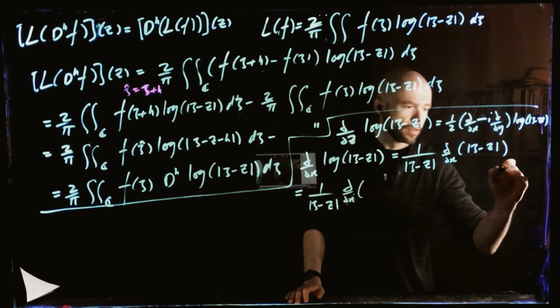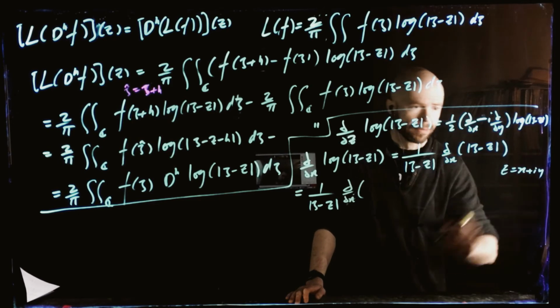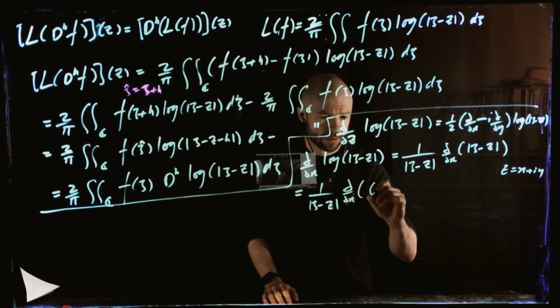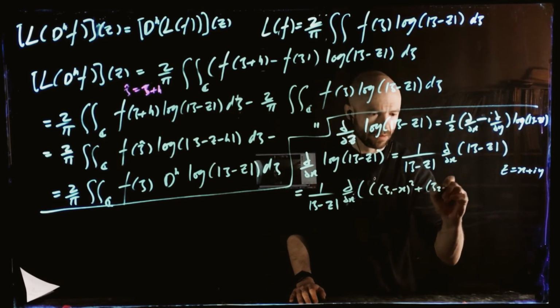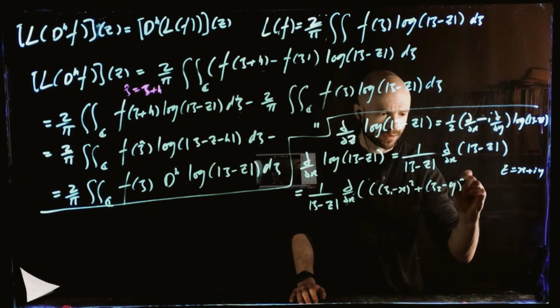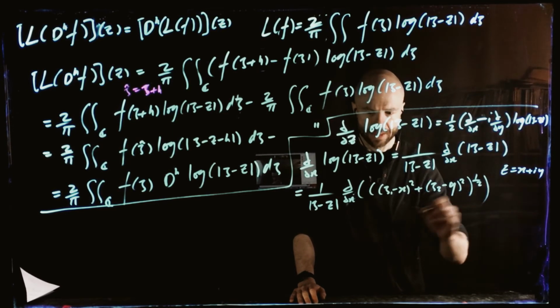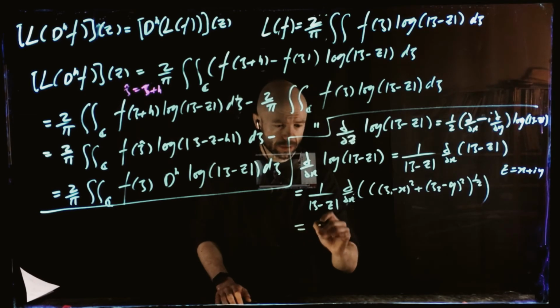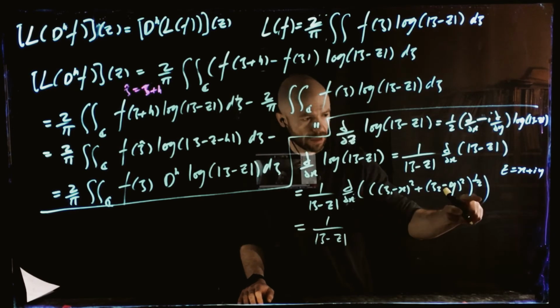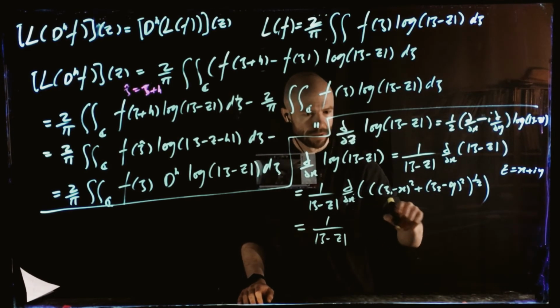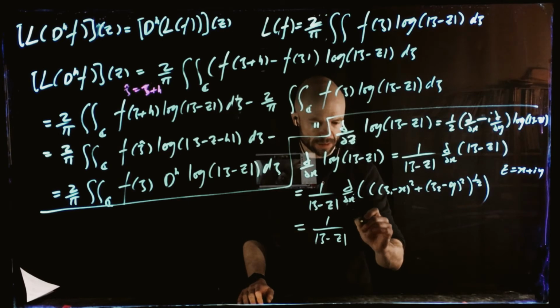So I'm going to write z is equal to x plus iy, like this, and then we're going to have zeta 1 minus x squared plus zeta 2 minus y squared, to the power 1 over 2, like this, yeah? And let's just do this calculation, and we're going to have a half from this, and then differentiating it. So we're going to lose this thing. I'm going to differentiate this factor, so we're going to get just zeta 1 minus x, like this, yeah?